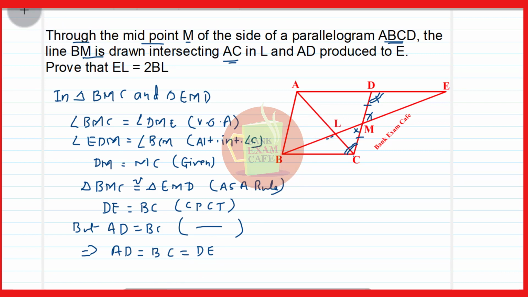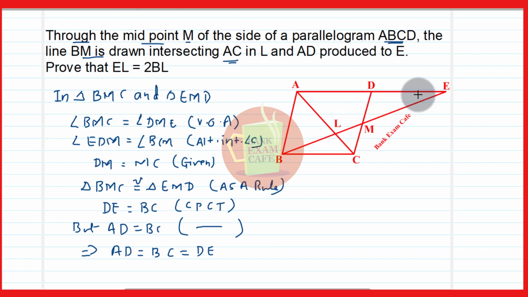Now next we will take this triangle AEL, and another triangle BLC, this triangle. I remove these earlier parts. So here we are taking triangle AEL and triangle BLC. In these two triangles we will show that they are similar. How will we show that?